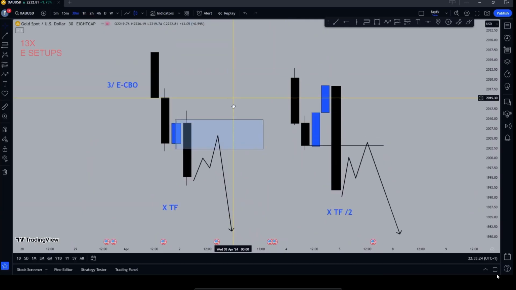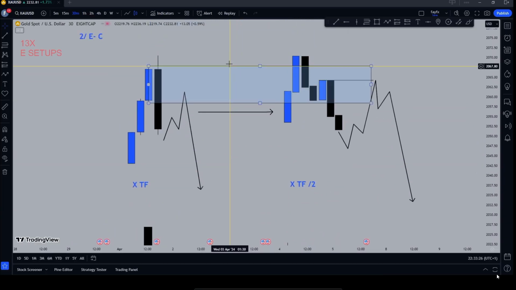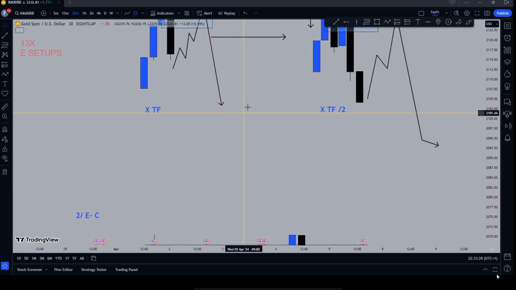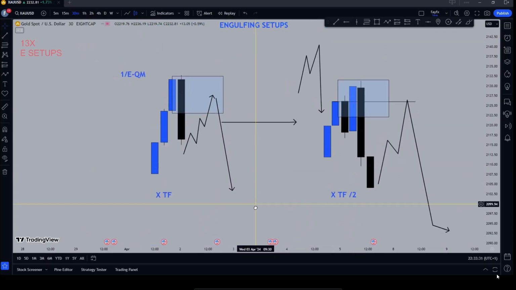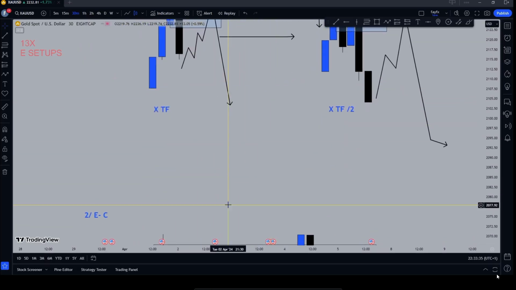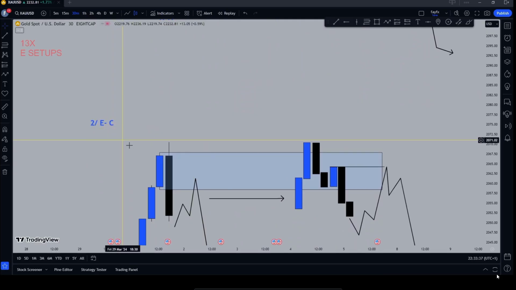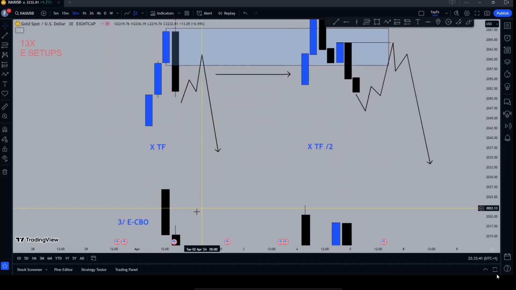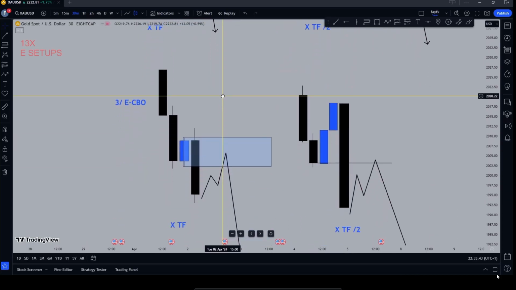Those are the four engulfing entries. First one, fresh engulfing to QM. Second one, engulfing to a fresh classic inside. Third one is a clean breakout.